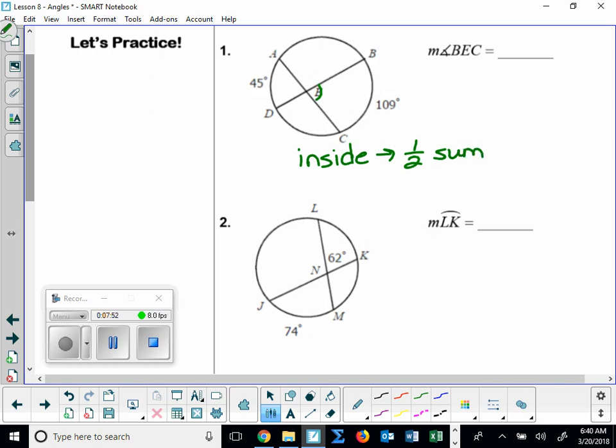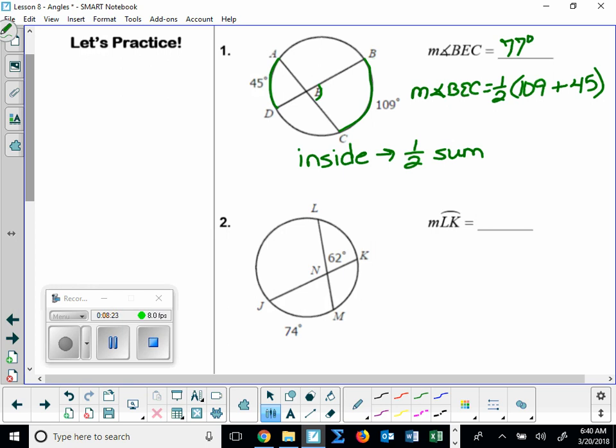So I have measure angle BEC equals 1/2. The intercepted arc is 109 plus, go vertical, and that intercepted arc is 45. So if I've done this correctly, that's 77 degrees.